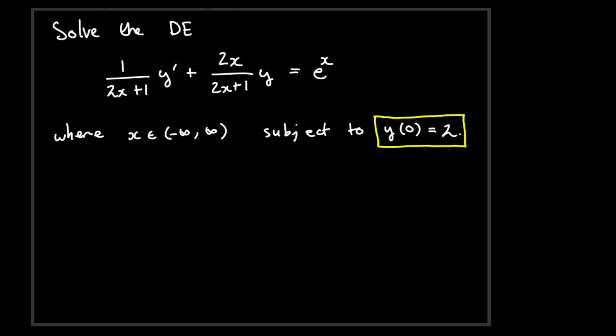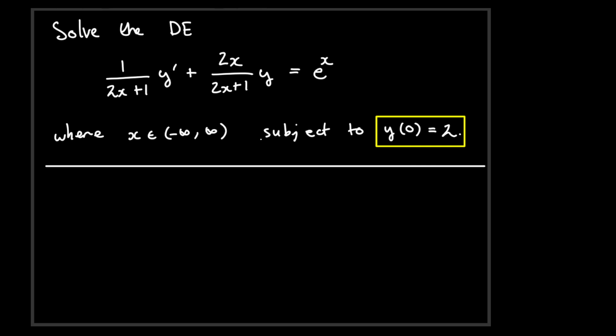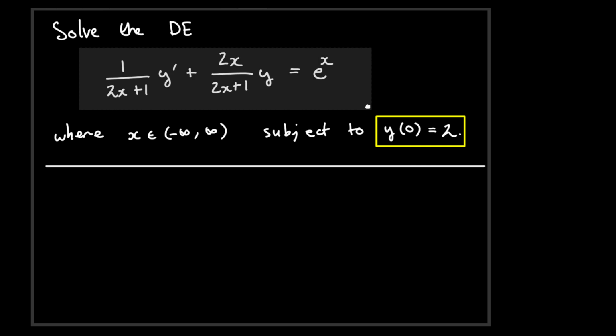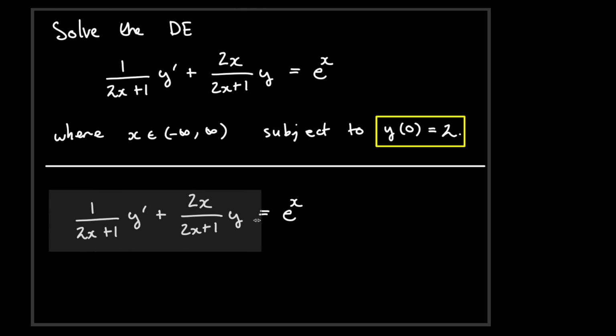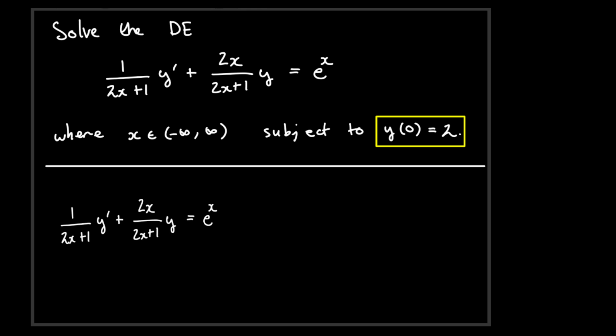Okay, so we can just solve the differential equation as we would normally. First we take the equation and we put it into standard form. What we're really going to do is just multiply through by this 2x plus 1 here, and then that will give us the leading coefficient of y prime equal to 1, of course.